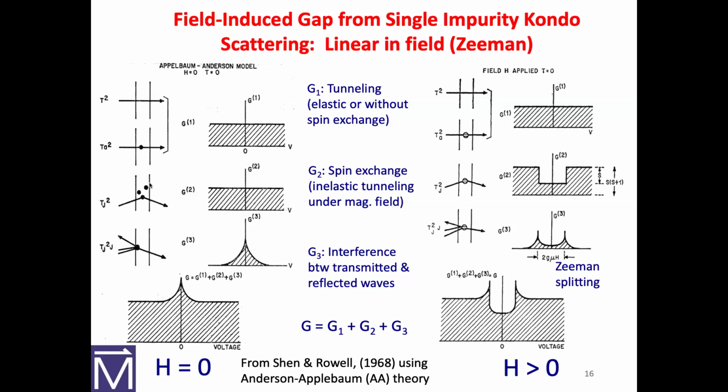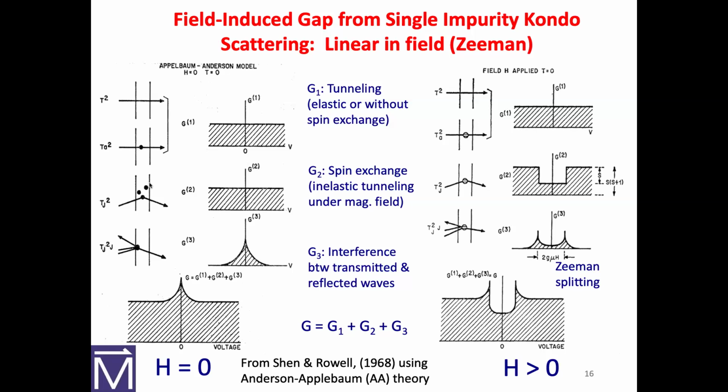V equals IR. Then if you do the same thing and you have some impurities in the barrier, you still get that Ohm's law until you apply a field. Why? It turns out that when you apply a field, you get this peak.